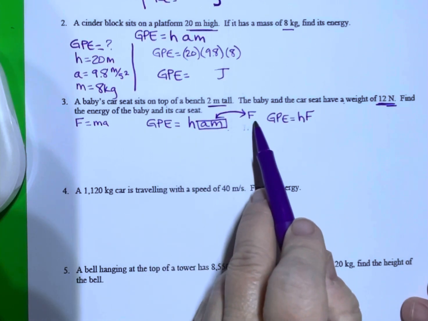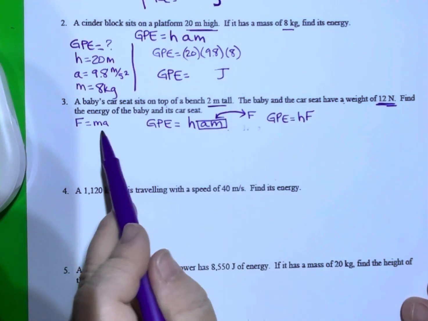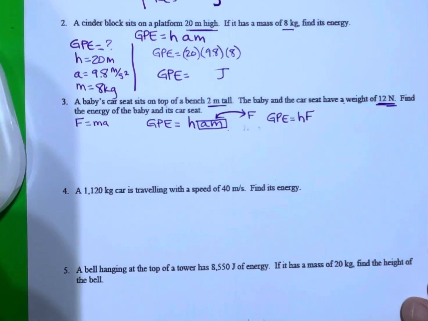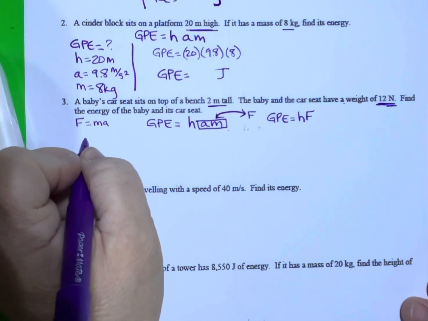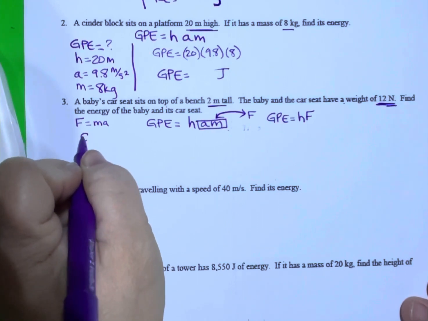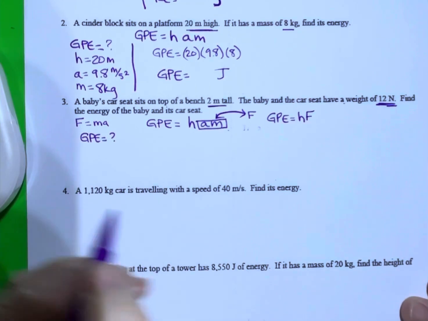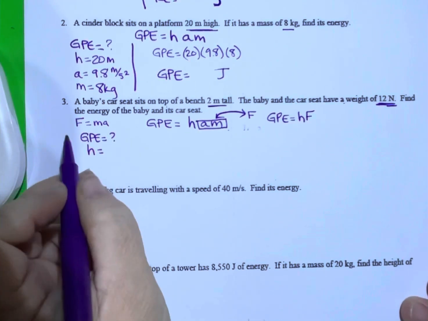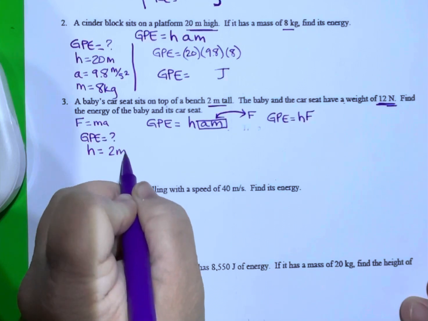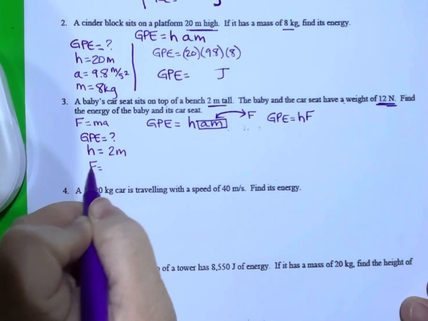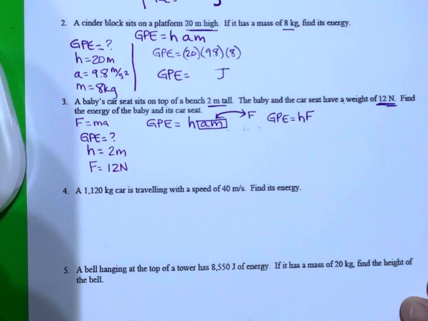You're just substituting in a force because force is equal to mass times acceleration. Okay? So now let's list what we know and solve for what we don't. Gravitational potential energy, that's what we have to find. We have a height given to us, which is 2 meters. And then we have a force, which is 12 newtons.